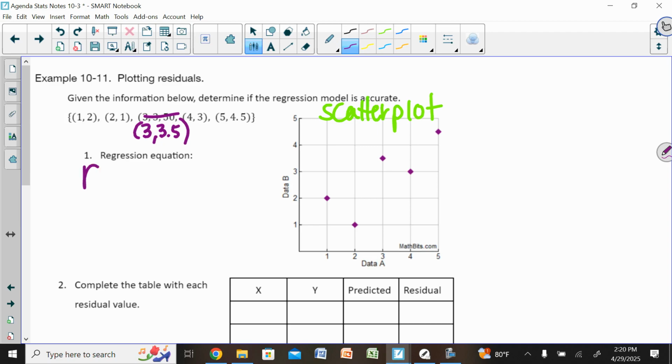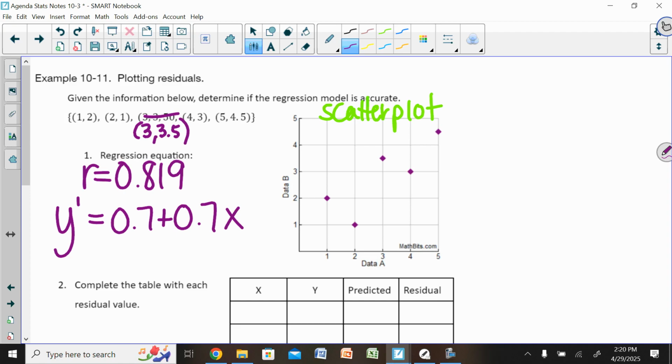But I did calculate back earlier that my R is 0.819. I did a test. I made sure that there was a significant correlation or a relationship between the two, data A and data B. And so I calculated my y prime equation as 0.7 plus 0.7x.